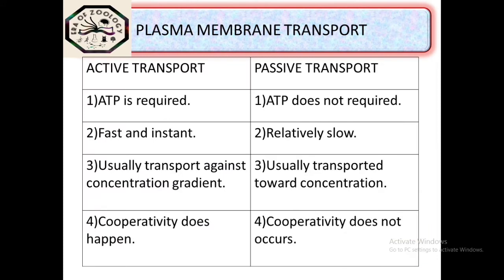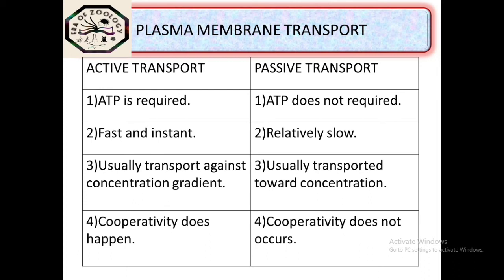Now, how are active transport and passive transport different? Active transport is ATP dependent and passive transport does not require ATP. Active transport is very fast and instant, whereas passive transport is relatively slow.